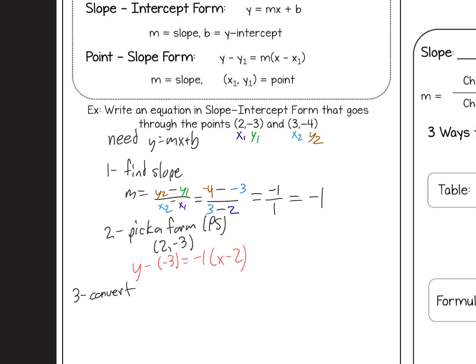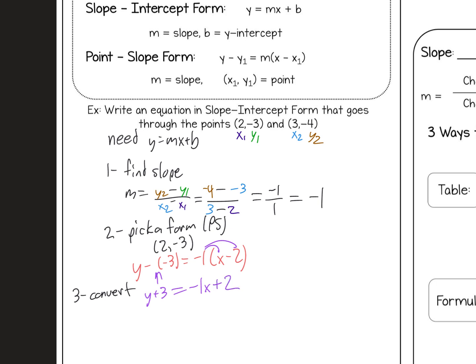To do this, we need to get y by itself. So first, let's simplify and get rid of all of the parentheses. y minus -3 gives us y plus 3. And then when we distribute the -1, -1 times x is -1x, and -1 times -2 is 2.